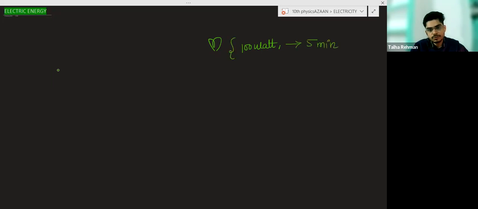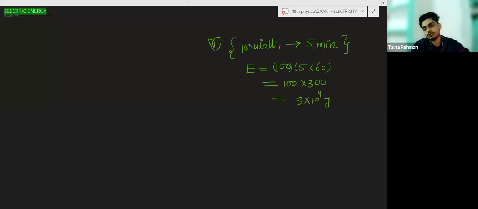So in this scenario, if someone is asking how much electrical energy is spent by the bulb, the electrical energy spent will be the power multiplied by the time for which the bulb is glowing, 5 minutes. But you will convert minutes into seconds, so it will become 100 multiplied by 300, so it will become 3 into 10 to the power 4 joule.